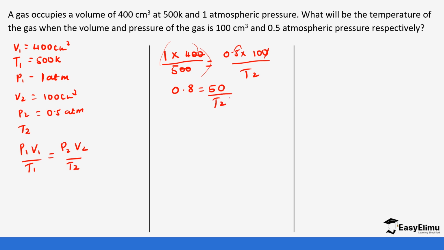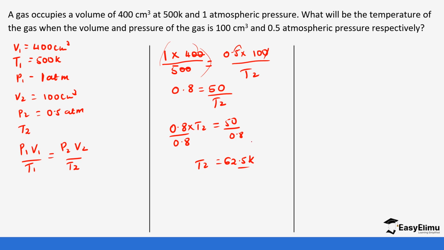So we cross multiply: 0.8 times T2 is equal to 50. You divide both sides by 0.8. So our T2 is 50 divided by 0.8, which will give us 62.5 Kelvin. Since you have not been told to convert this into degrees Celsius, you can leave your answer as it is.